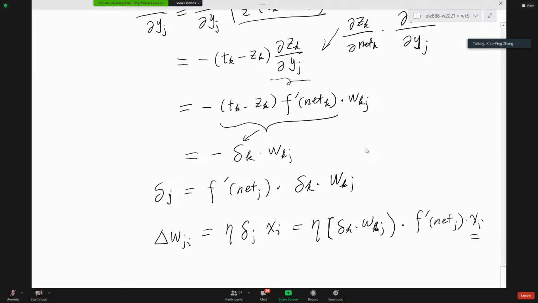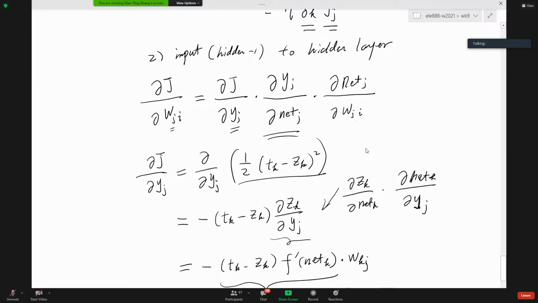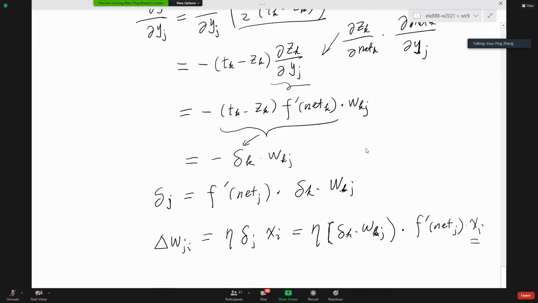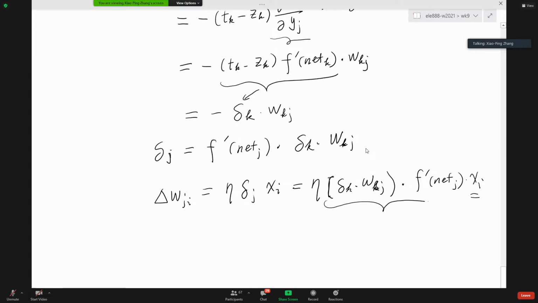Why? This is Xi, right? It's similar because net J is a linear combination of Xi. So you should take that derivative, that will be Xi. And this whole thing is delta J.